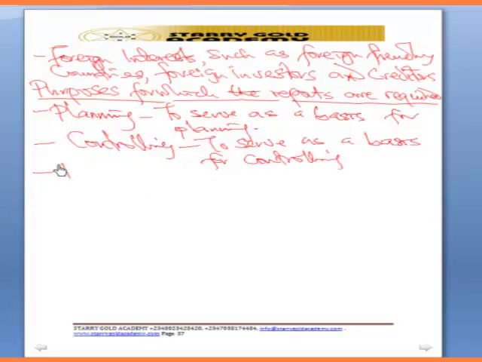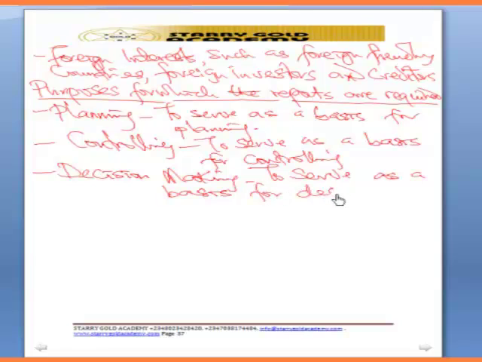It will serve for decision making, that is, to serve as a basis for decision making.